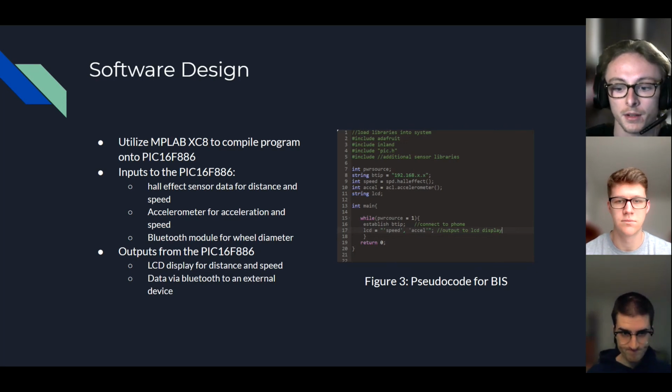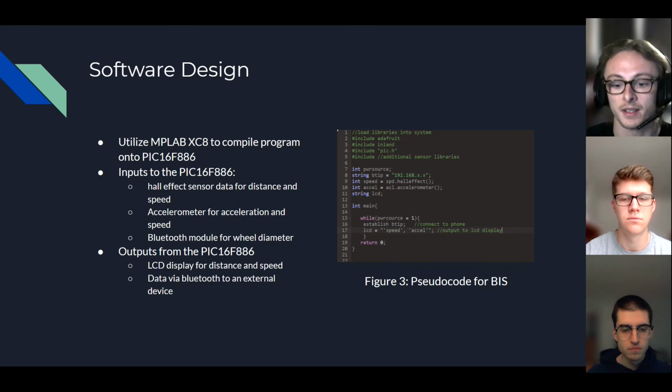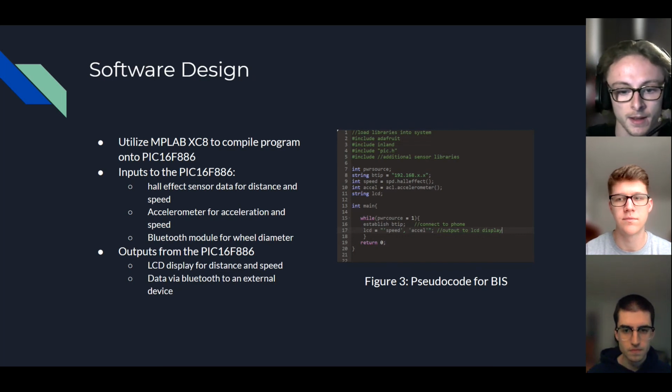The inputs to our microcontroller in our system will be the Hall effect sensor data for distance and speed, the accelerometer for acceleration and speed, and finally the Bluetooth module input for the wheel diameter. The outputs of this will be to the LCD display, which will display the distance and speed calculated from the Hall effect sensor and from the accelerometer. And as well, we will be outputting data via the Bluetooth module to some external device.